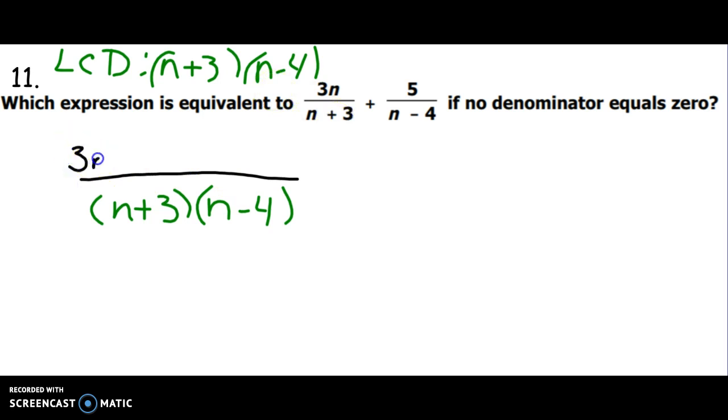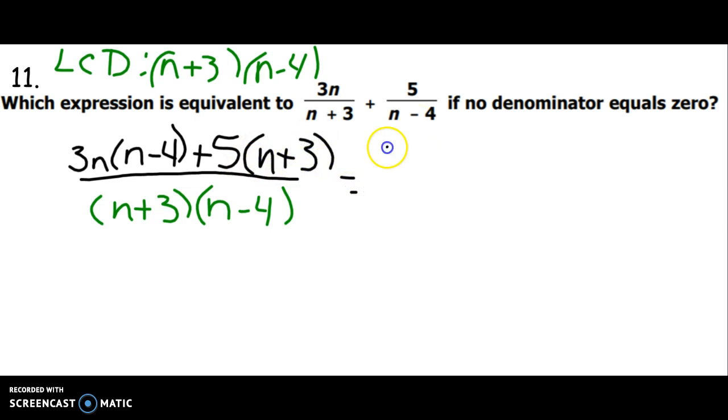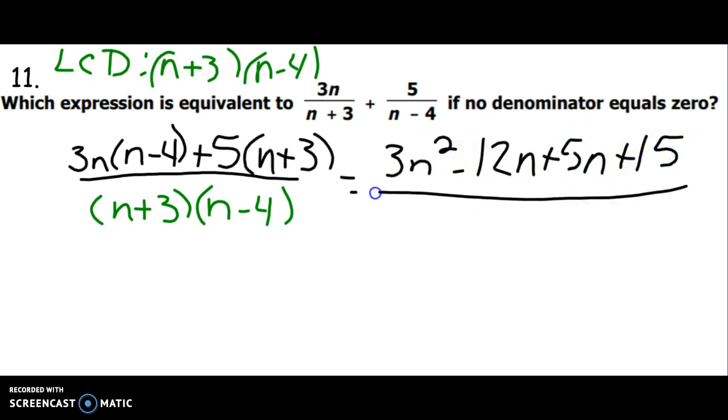So I'm going to multiply 3n times n minus 4 plus 5. What does my common denominator here have that this denominator is missing? It's an n plus 3. So if I use my distributive property, I have 3n squared minus 12n plus 5n plus 15 all over n plus 3, n minus 4.